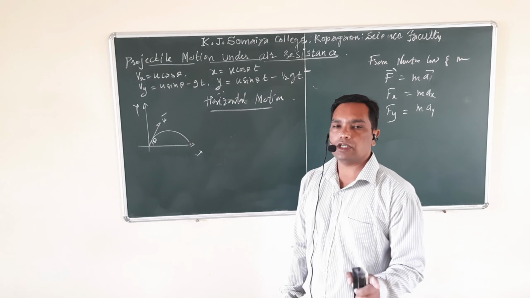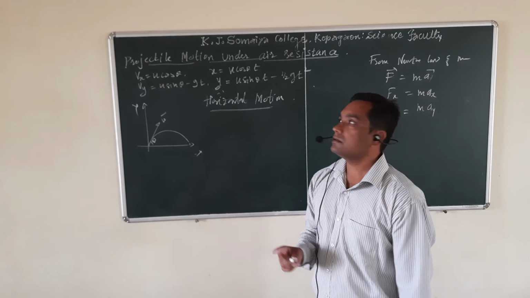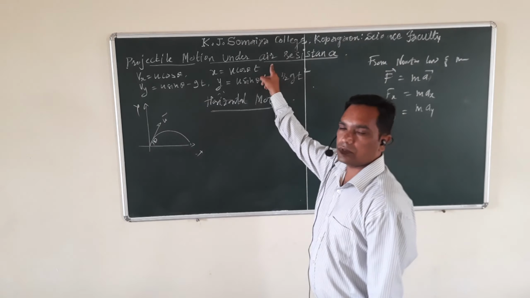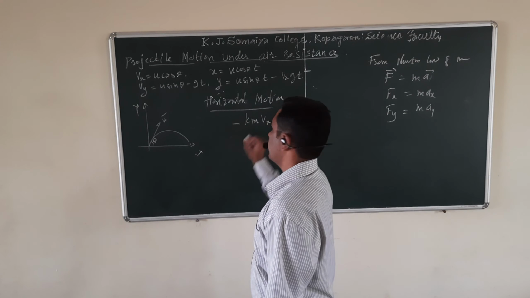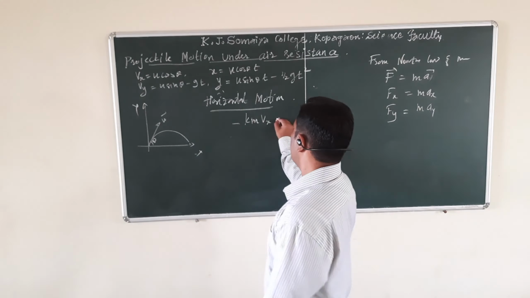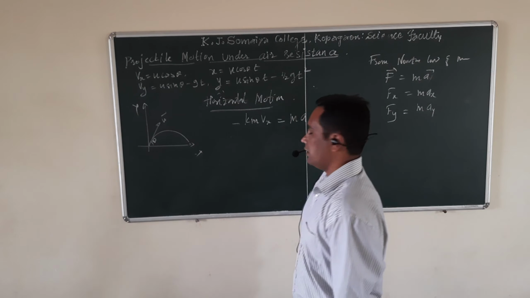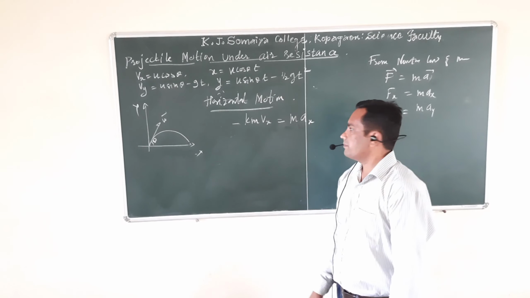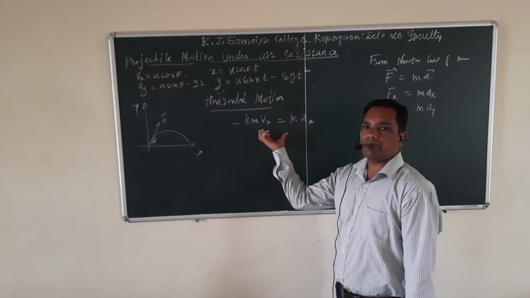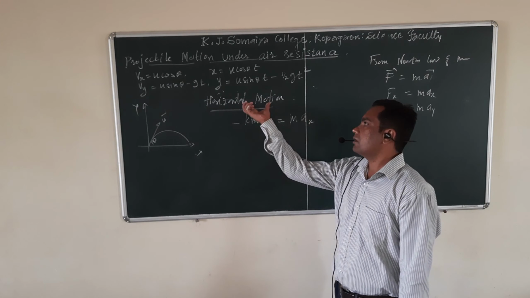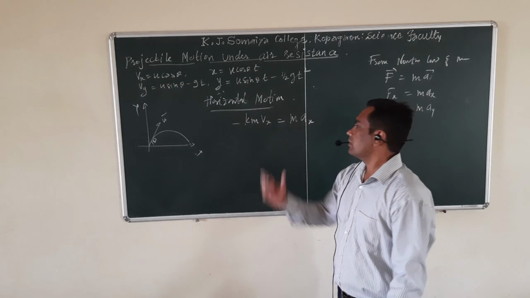But in the presence of air resistance, there is an air resistive force, which is minus k m Vx, and this is equal to mass into acceleration ax. So this is the equation we get from applying Newton's second law along the horizontal direction.